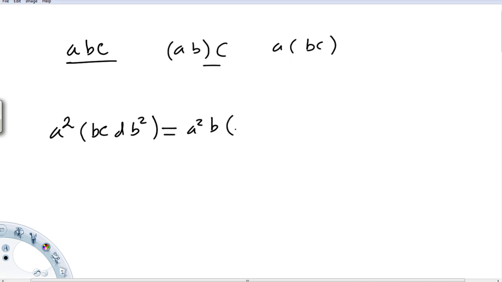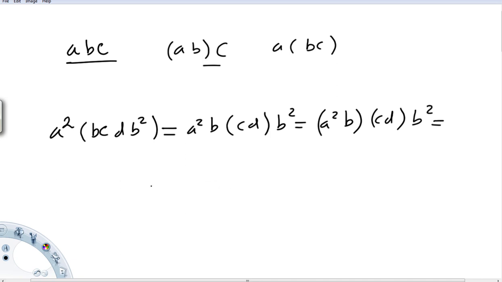Now I can associate CD, for instance, and put b squared here, or I can do a squared b, associate these two, leave CD associated, times b squared, or so a squared I can do a b c d b b, right? And now I can associate it, for instance, this way.